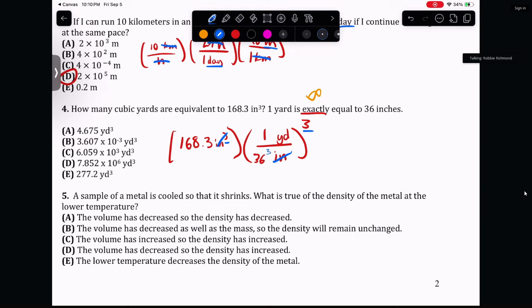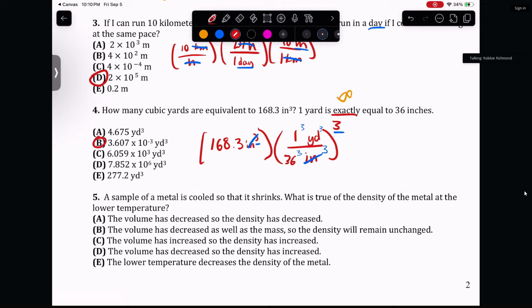If you put an exponent on the outside of the parentheses, it goes to every single portion that's encompassing that parentheses. So for that, I get answer choice B, which is 3.607 times 10 to the 3. It has a lot of numbers after that, but it roughly rounds to that scientific notation.